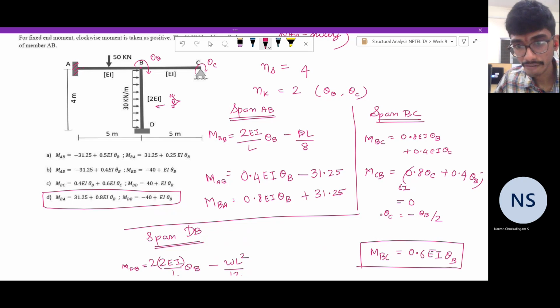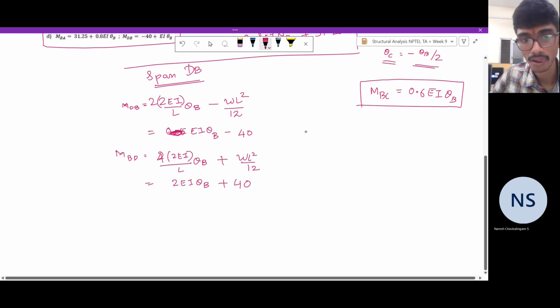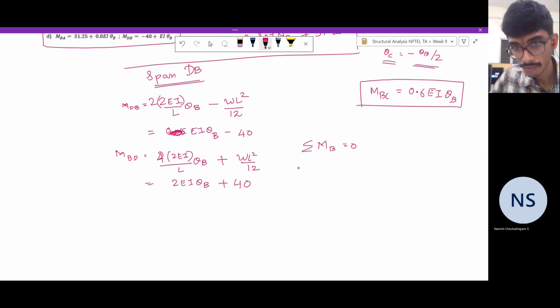But note that we have already enforced the equation of equilibrium at the joint C to determine theta C in terms of theta B. So we cannot do it again. So the resulting system is just a scalar system, 1 by 1. So just set sigma MB is equal to 0, which means MBA plus MBC plus MBD is equal to 0.